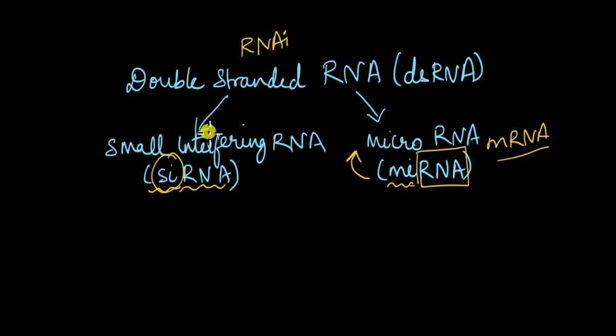So how are these dsRNAs involved in regulating the gene expression? First, we'll start with small interfering RNA. One thing to know about small interfering RNA is that they're usually found when there is a viral infection. When a double-stranded RNA virus infects a host, then the host's RNA interference mechanism is kicked off. That is what produces this small interfering RNA.